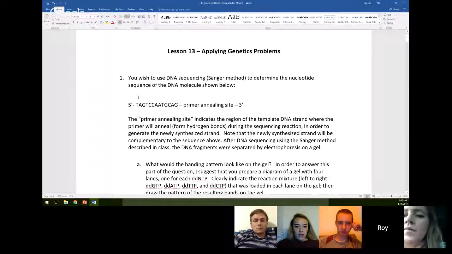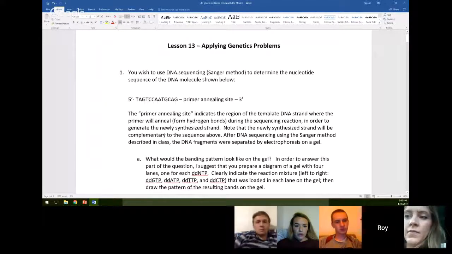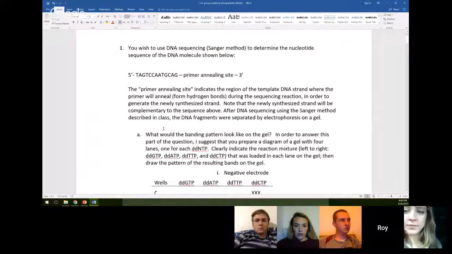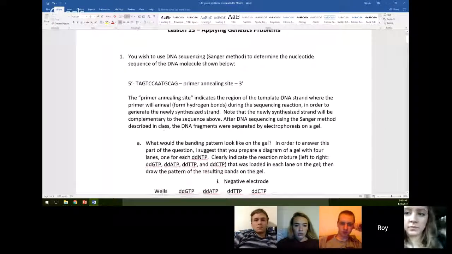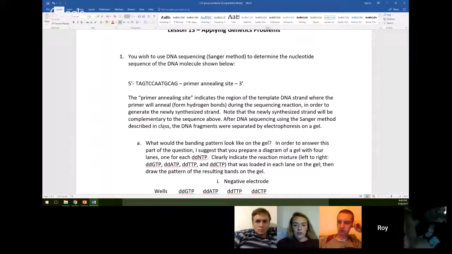The primer annealing site indicates the region of the template DNA where the primer will anneal during the sequencing reaction in order to generate the newly synthesized strand. Note that the newly synthesized strand will be complementary to the sequence above. After DNA sequencing using the Sanger method, described in class, the DNA fragments were separated by electrophoresis on a gel. And so the first part of the question asks, what would the banding pattern look like on the gel?